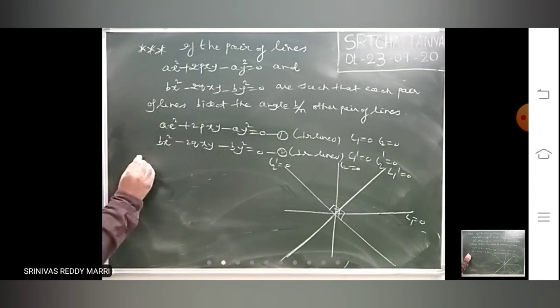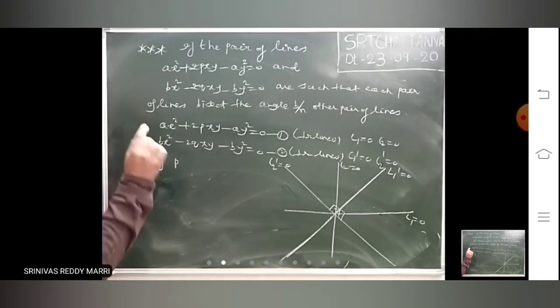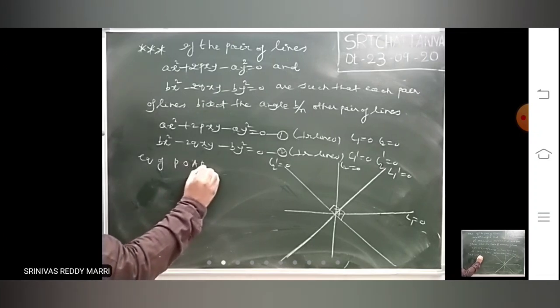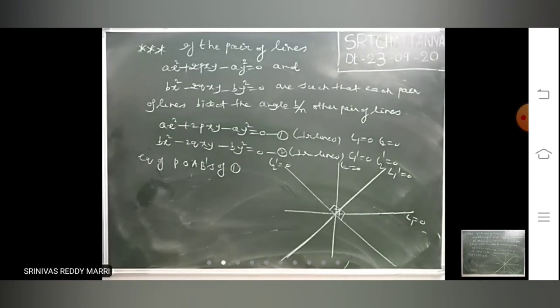First, I will write the equation of the pair of angular bisectors of the first pair. For this pair of lines, what is that?